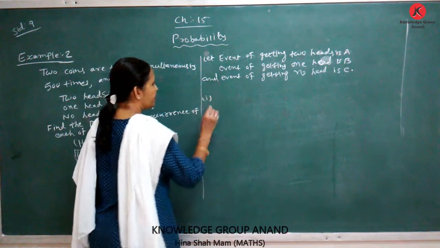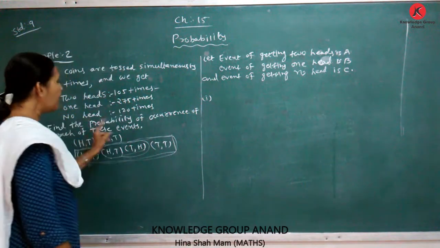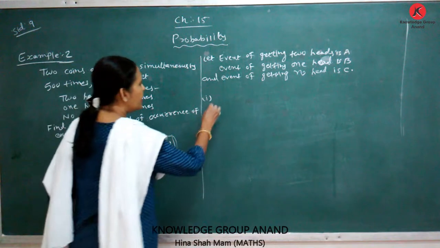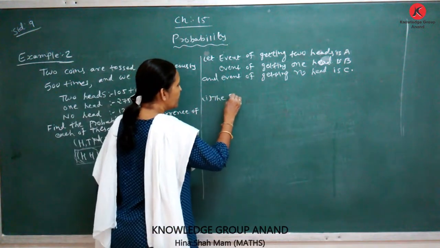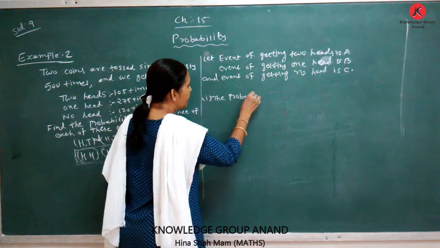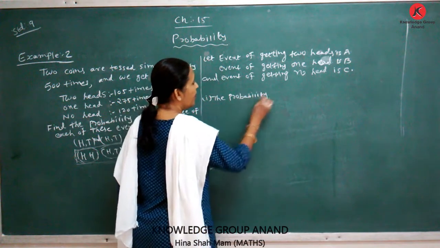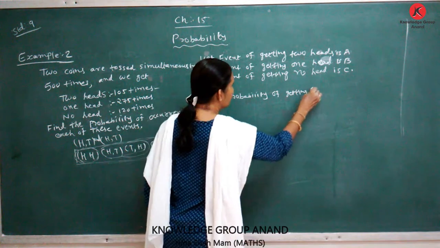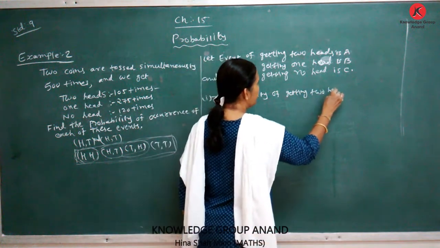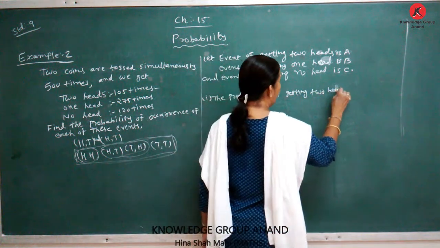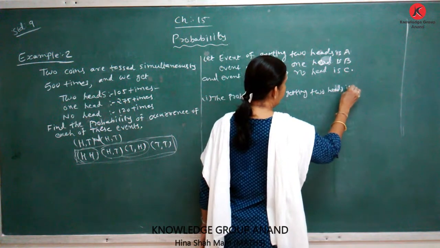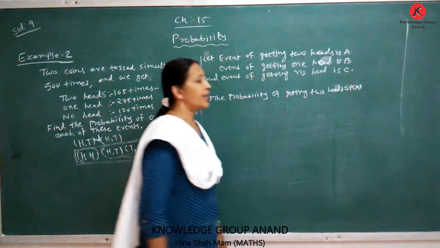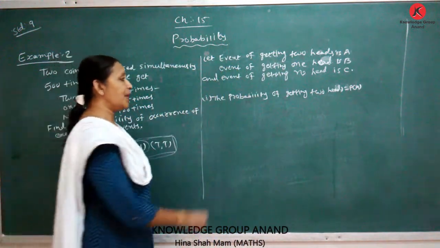Number 1: find the probability of getting 2 heads. The probability of getting 2 heads is equal to P(A).